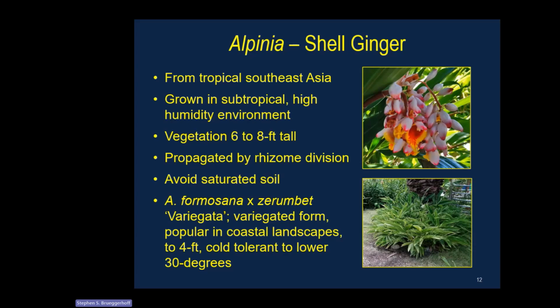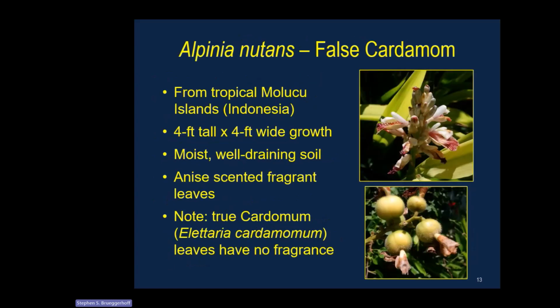My wife and I have been in this rental for 2 years, and it's staying in place. It is spreading slowly, but it will spread, and so I can easily dig those out, right? Just dig them out of the ground and go about my day. So the one thing I like about these shell gingers is they don't spread too aggressively, and they look beautiful in the landscape, either flowers or in this case through the leaves.